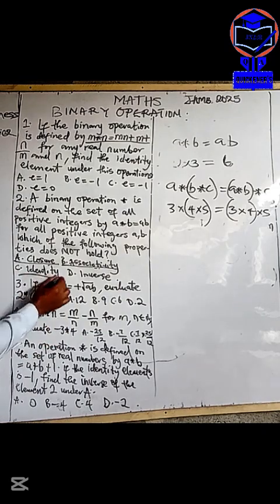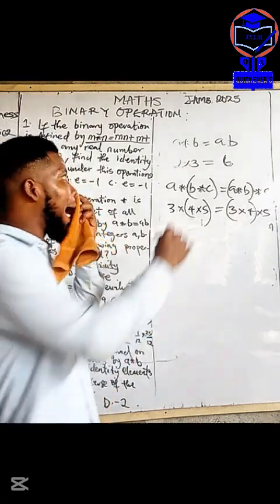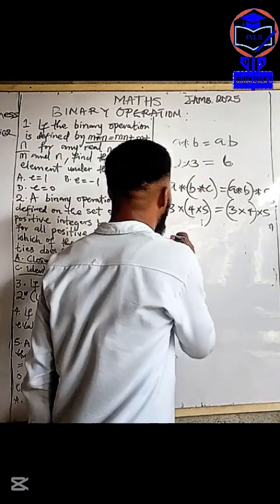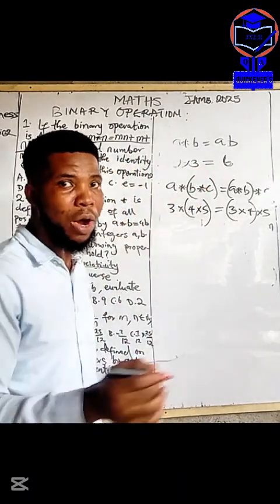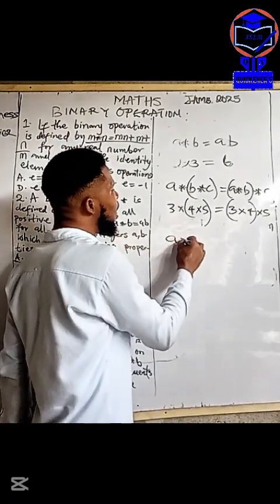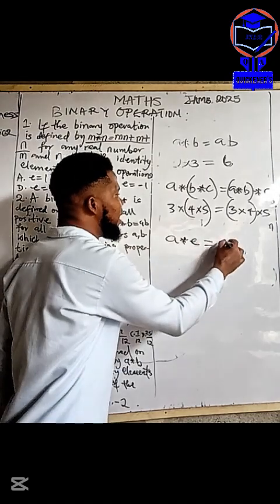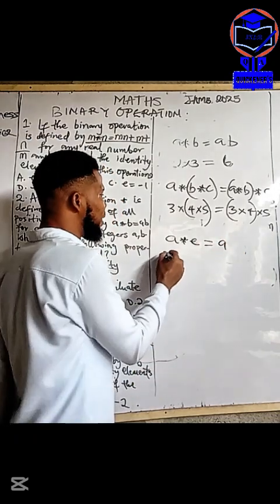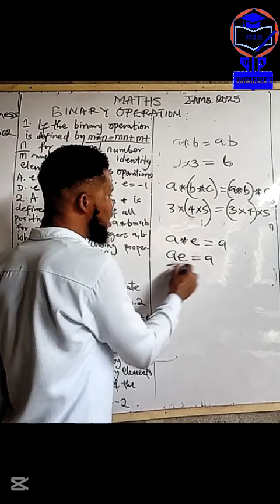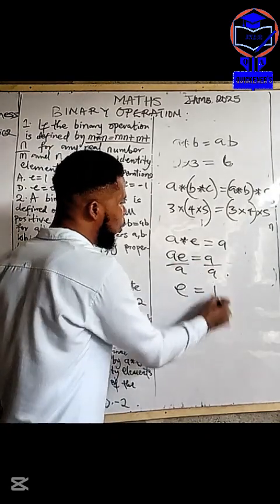Now the next one, identity. Do we have identity elements under multiplication? Yes, we do. Let's find our identity element. Remember, the identity element is the element that, when you operate, does not change the output. So we have A operation the identity element, E, and we are still going to get A. So A times E equal to A. Divide both sides by A, remember we're looking for E, and it means that E is 1.